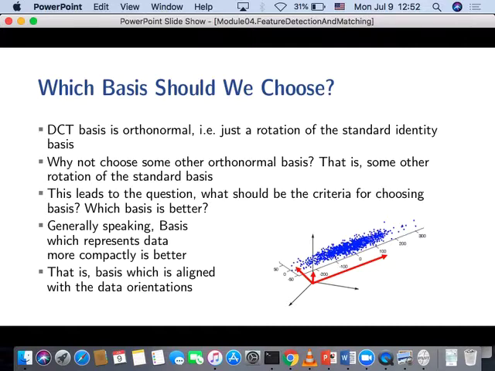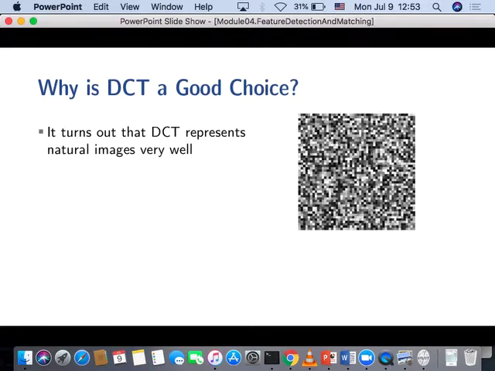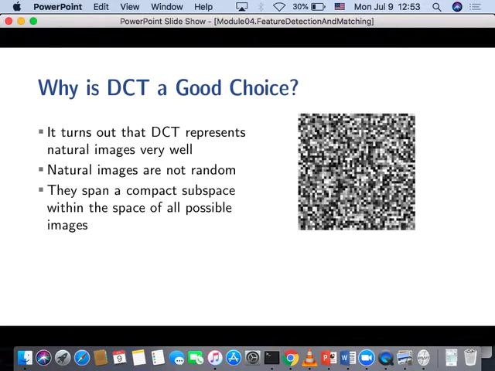Let me say this in a different way. It turns out we have found, let's say just by chance or luck or experimentation, that DCT represents natural images very well. This is not a natural image. This is a random image. DCT will not represent this very well. But natural images DCT represents very well, because natural images are not random.